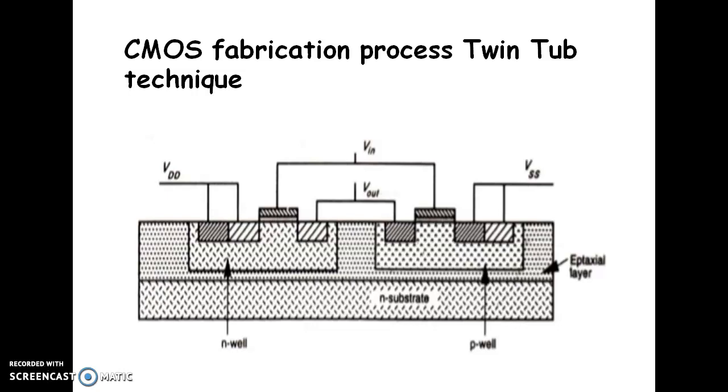We can have one more method called the twin tub process. In the twin tub process, we can observe here two tubs are there. Previously only one tub is there, either N-well or P-well. Here in the N-well, PMOS is formed, and in the P-well, NMOS is formed, and we will have an epitaxy layer on the N substrate for better performance.